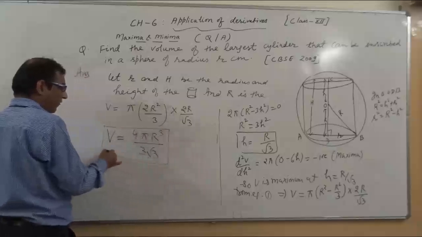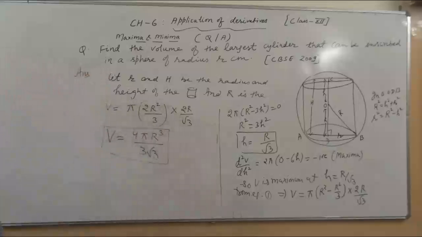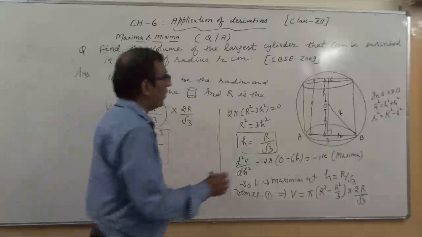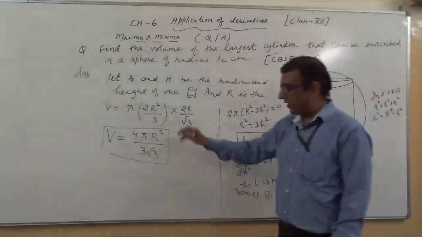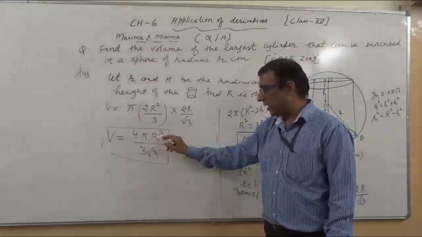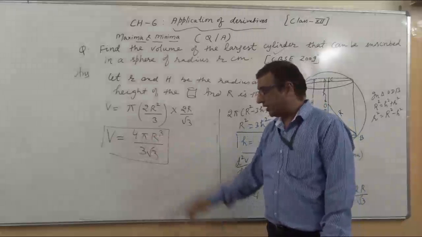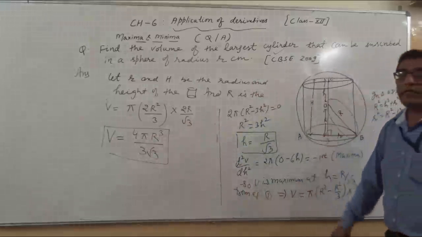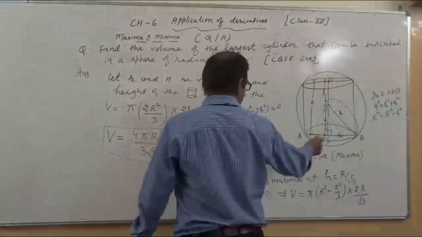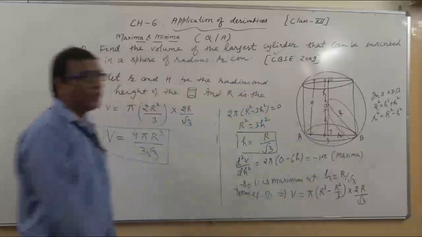It means we can say for such type of problem, the volume of the cylinder is maximum or largest, and it is equal to 4 pi R cube upon 3 under root 3, where R is the radius of the sphere and small r is the radius of the cylinder.